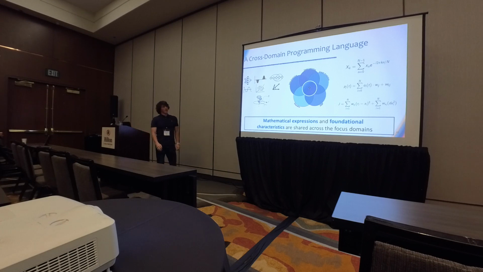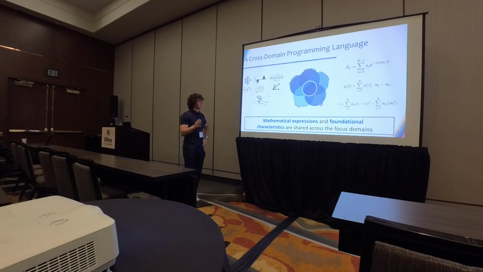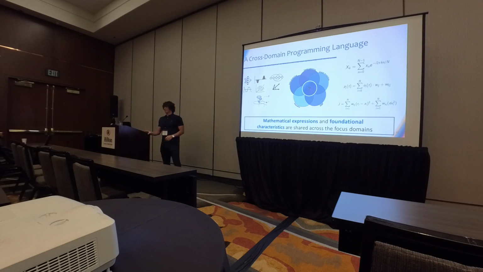The common theme across all of these different domains is that they're really in the language of math. For instance, a discrete Fourier transform is math, and so is model predictive control. They all boil down to mathematical equations.